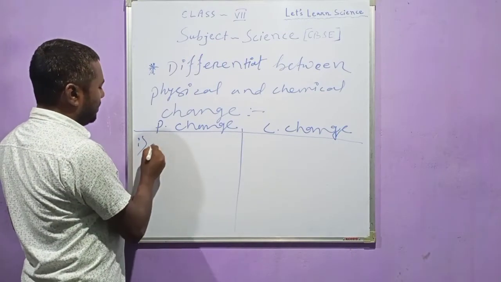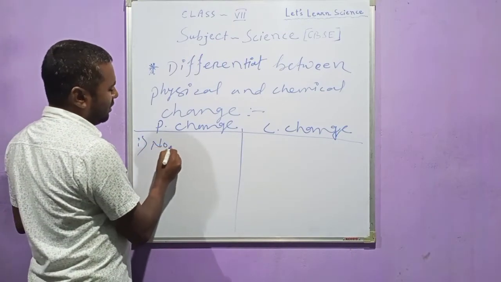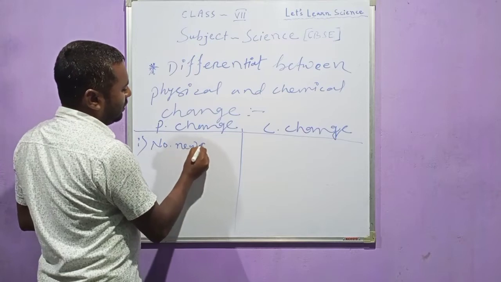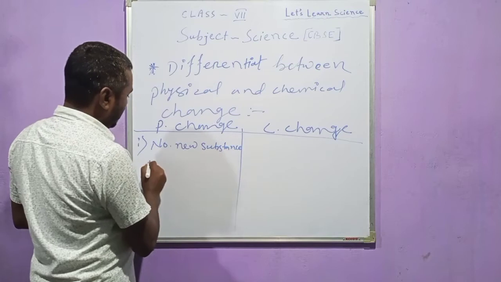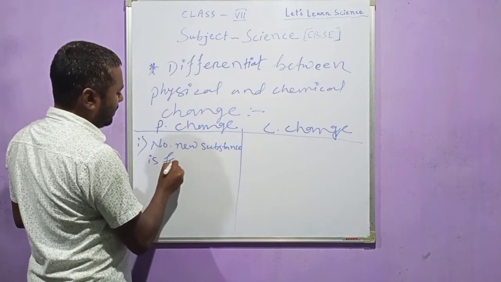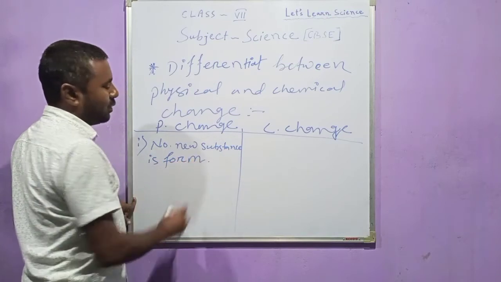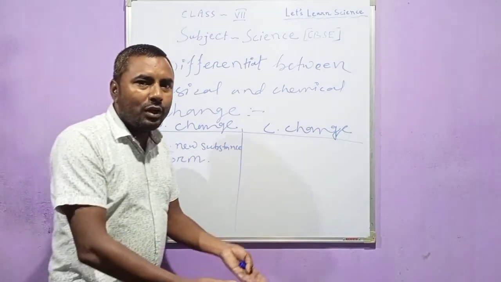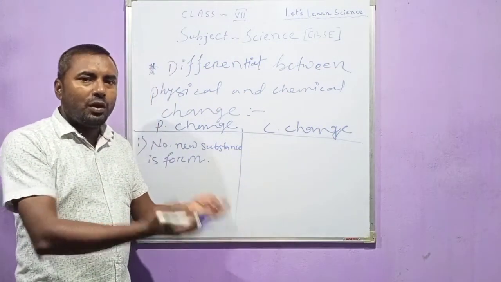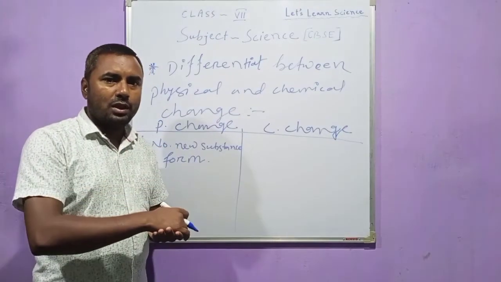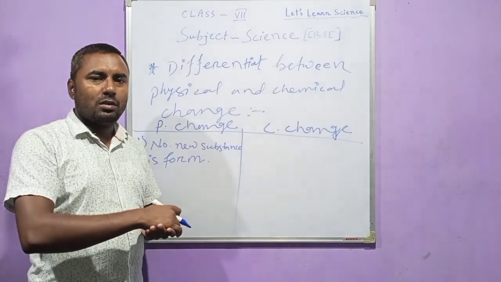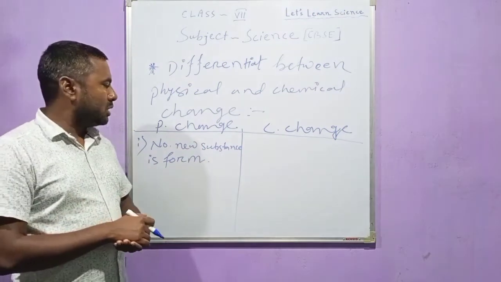First difference we can write: no new substance is formed. As a result of that only, we can reverse the change. We can bring that one back into its original shape and size, or into its original position.